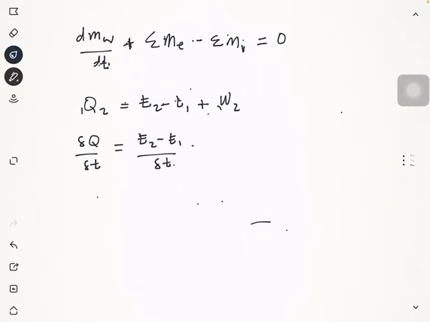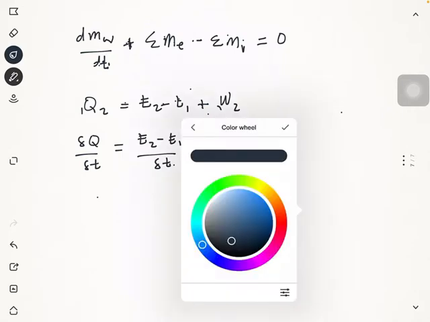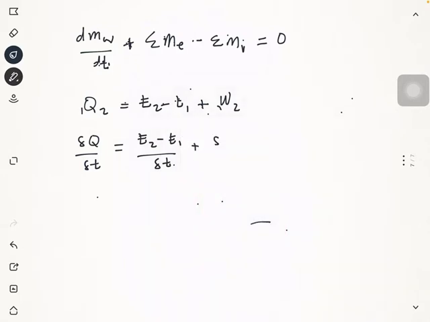plus the inexact differential of work over time. So E2 minus E1 here is the differential with respect to time.